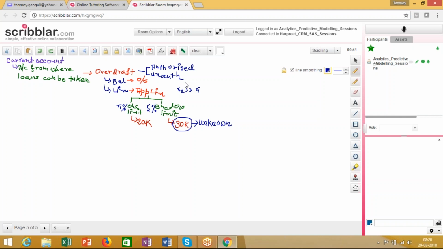With authorized overdrafts, you come with different kinds of permissions to overdraw up to a limited amount. Say for example, I have a current account, right? In the Middle East and UK, most salary accounts are current accounts.